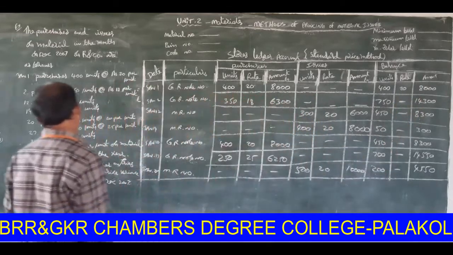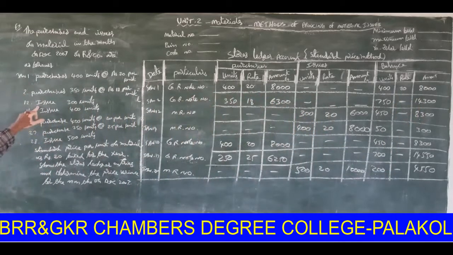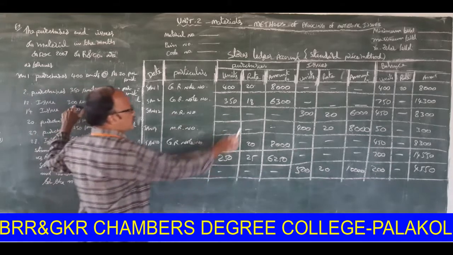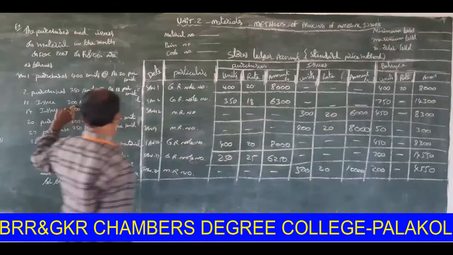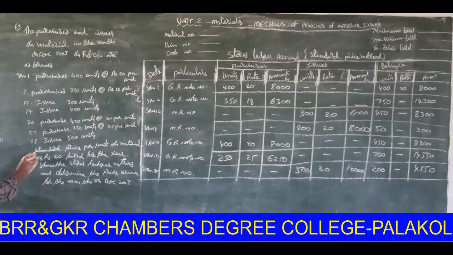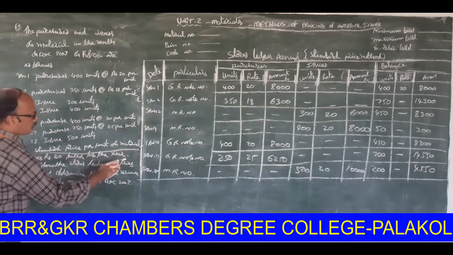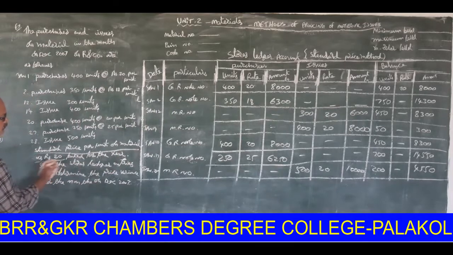Okay. Next one, issues. January 12, issues 300 units. At the time of issue, the purchasing prices are not to be considered. Only here we consider standard price. Standard price per unit of material is fixed for the year.